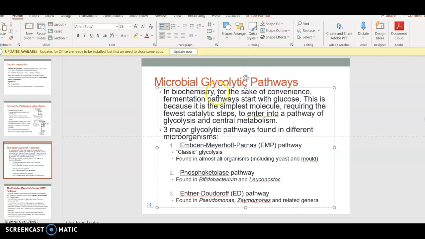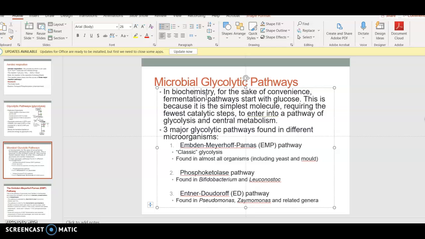In biochemistry, for the sake of convenience, the fermentation pathways always start with glucose. Of course, in the fermentation medium, we can add other carbon sources as well, apart from glucose, but glucose is the simplest one. If you add another kind of substrate rather than glucose, it can probably redirect the pathway of product formation into something else.